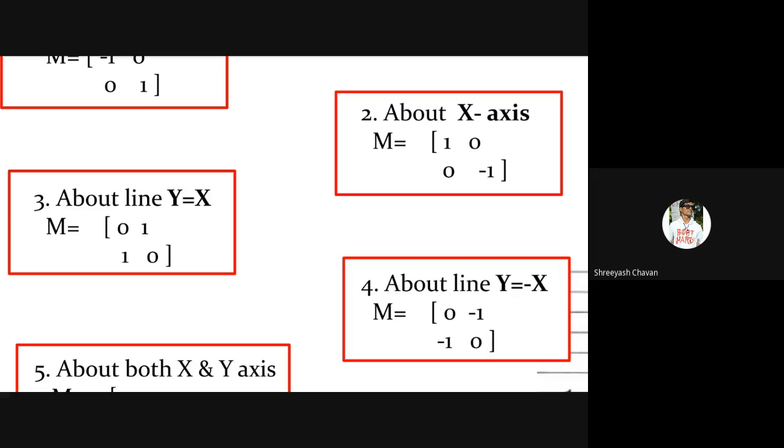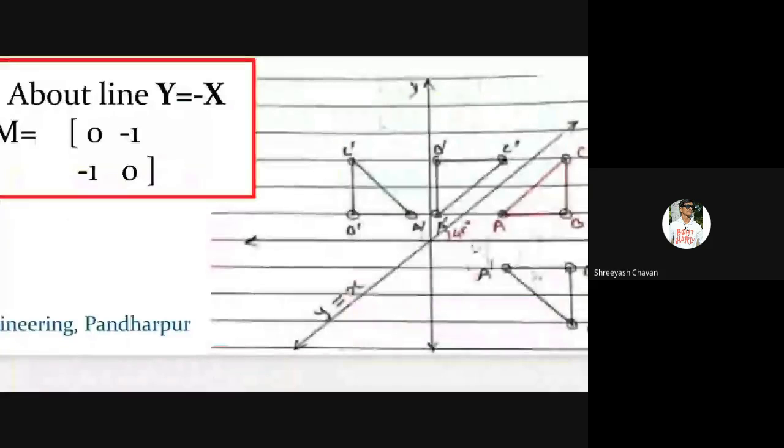Now y is equal to x is the inclined line, as we have seen here. This line passes through the origin from the third quadrant to the first quadrant.